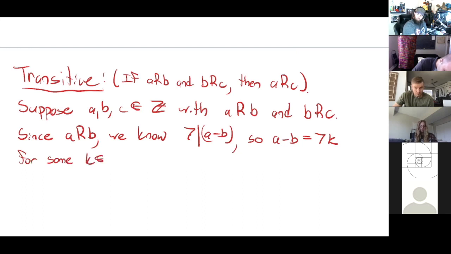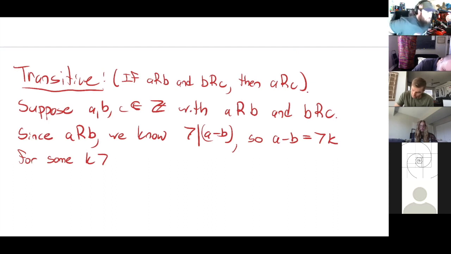So A is related to B. That means A minus B is divisible by 7, which means A minus B is 7 times some integer.